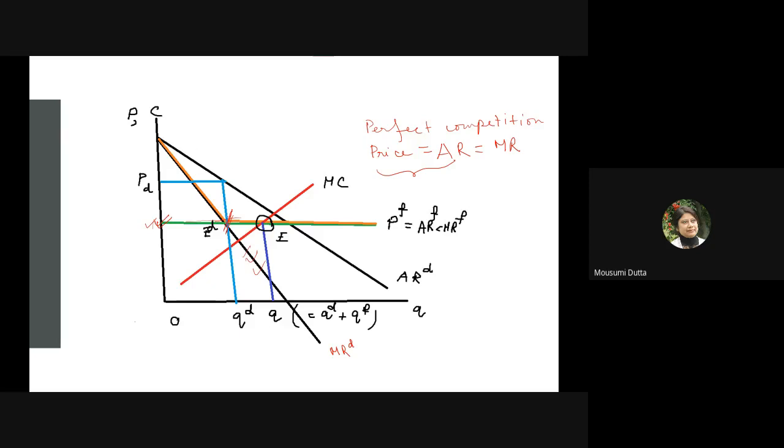So the orange curve will be the TMR. The orange line will be the TMR. Is it okay? Do you need any repetition? Any clarification?